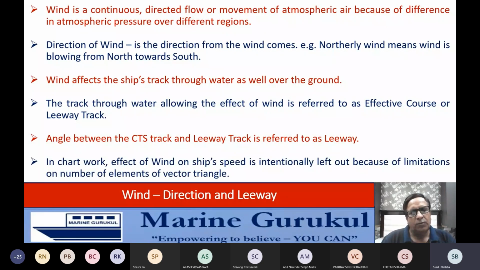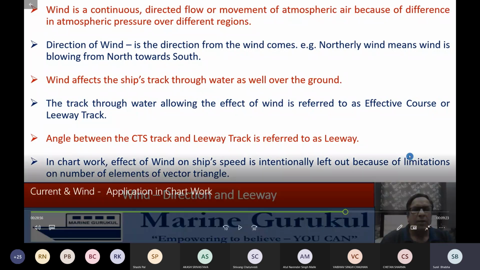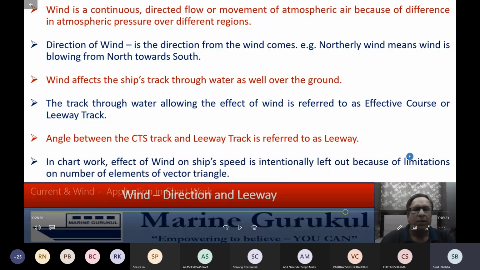In chart work, effect of wind on ship speed is intentionally left out because of limitations on number of elements of the vector triangle. Okay, so this is also clear, beta. Up to here, any doubt, any query in your mind?